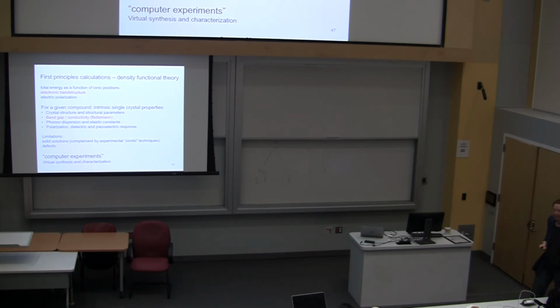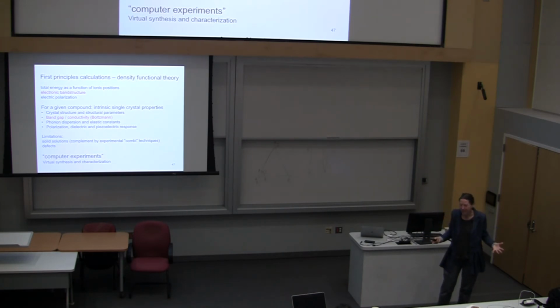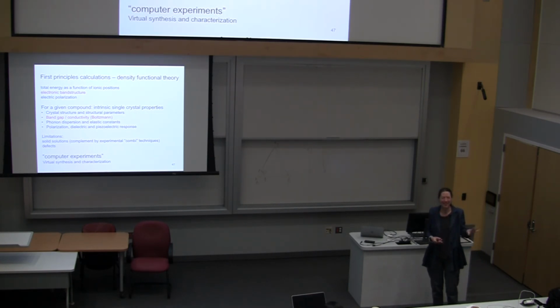And another way in which we are so much better than experimentalists is that the synthesis step is like nothing. If I want to make a perfectly ordered superlattice of compound X and compound Y, it takes me like 10 seconds, and it's going to take somebody doing MBE, like oxide MBE, like a year, if it even ever works at all.